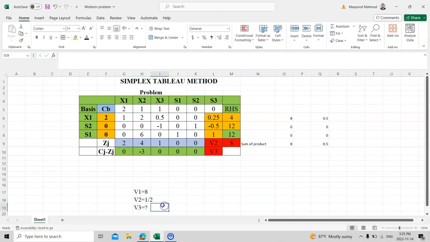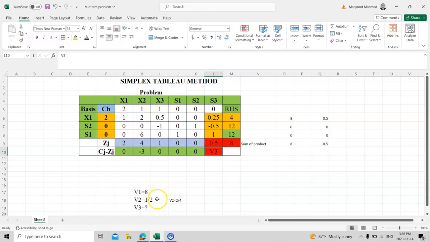In case you are given the answer as 2 by 4, 2 by 4 and 1 by 2 are the same thing. So you can write V2 equal to 2 by 4, or 1 by 2, which is 0.5.